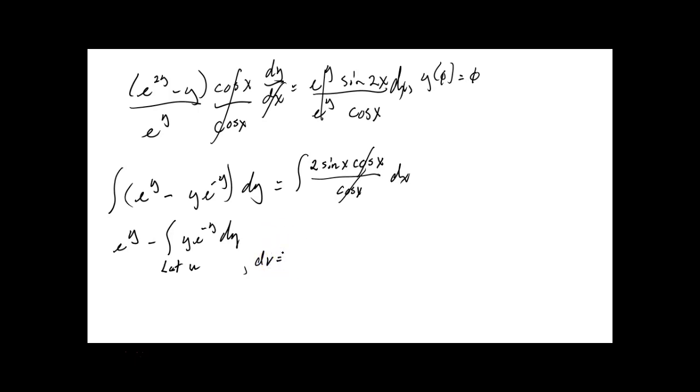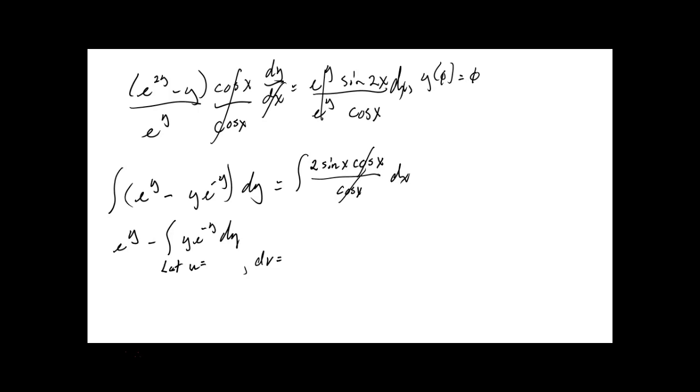Let u equal what? Here's the rule here. The u we want to be something that becomes simpler when the next step is take a du. And the dv you're going to integrate, so you want to keep that from getting any more complicated.